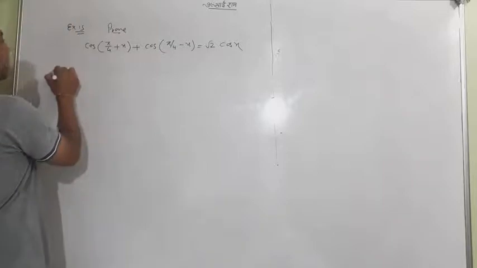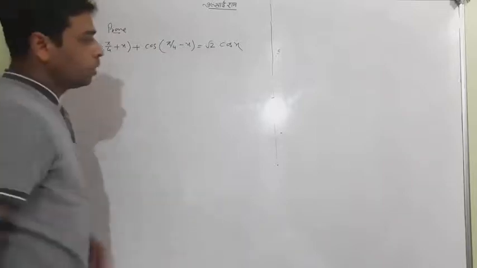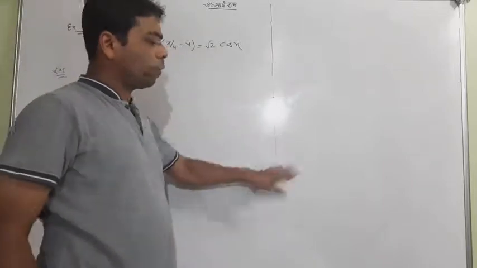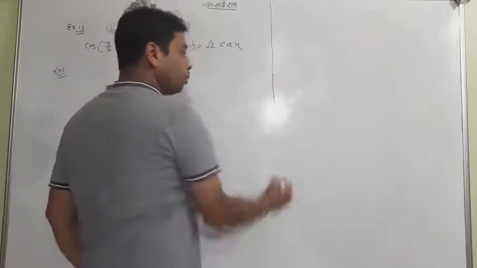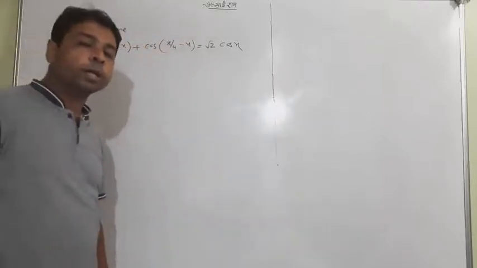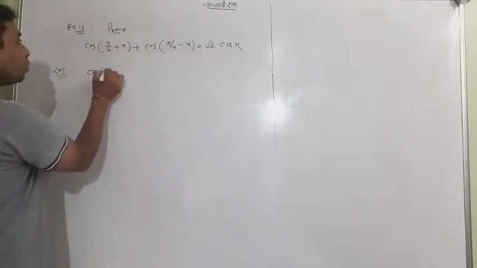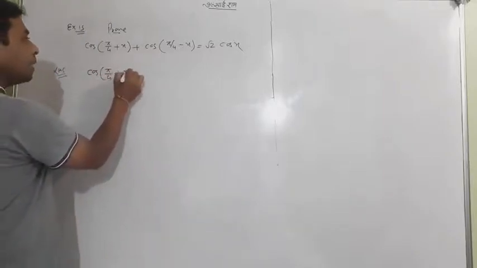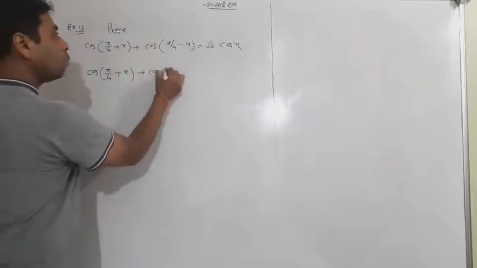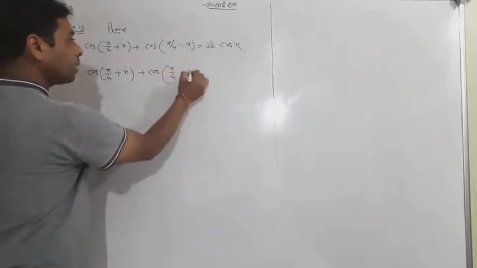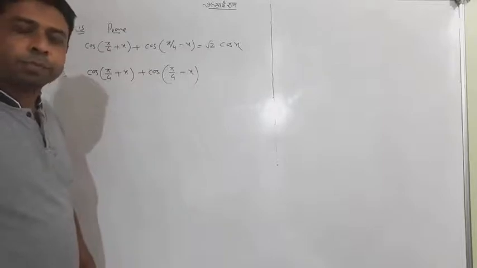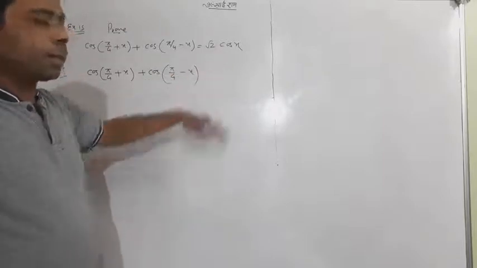It is a prove-that question, so I'll definitely take the left hand side, which is cos of pi by 4 plus x times cos of pi by 4 minus x. I want the right hand side.